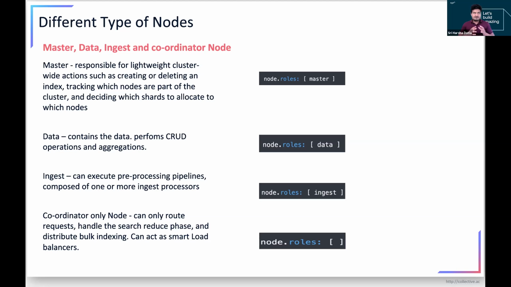Ingest nodes are mainly useful when you have something called ingest processors. A simple way to put this is, let's say there is a document, for example with an employee name.